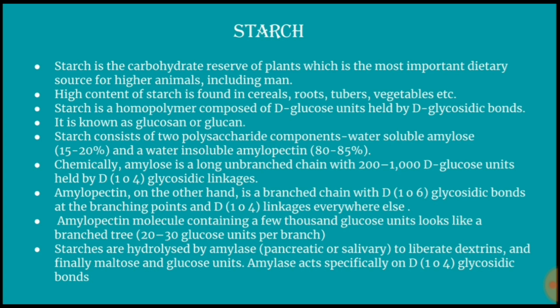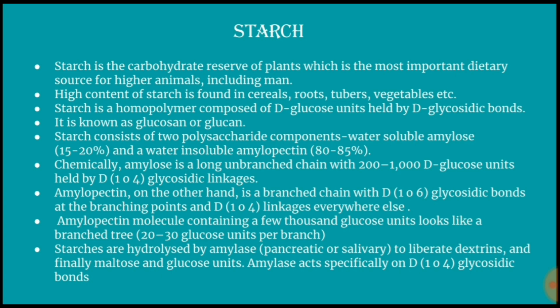So amylopectin has both branched and straight chains of glycosidic bonds. Amylopectin consists of a few thousand units, and in the branched tree there are around 20 to 30 glucose units per branch. That is a feature of amylopectin.